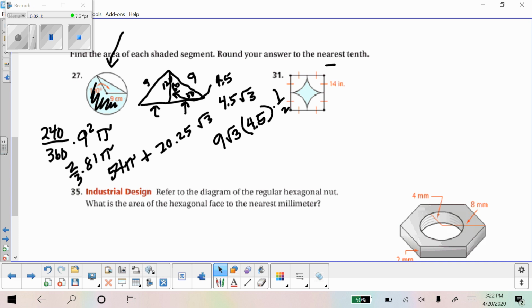And then it says round your answers to the nearest tenth, so I'm going to keep that all in one and just round it to the nearest tenth. And I get 204.7.